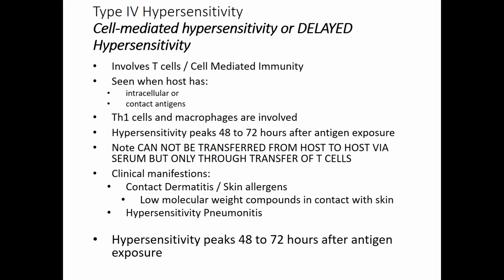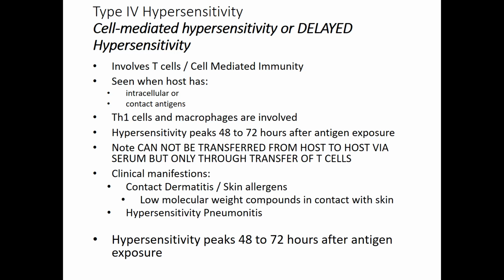We see type 4 hypersensitivity in cases where, for example, the host has intracellular antigens, something intracellular, or some contact antigens. And this is going to involve those type 1 T helper cells that we've talked about a couple of times now, and macrophages as well.